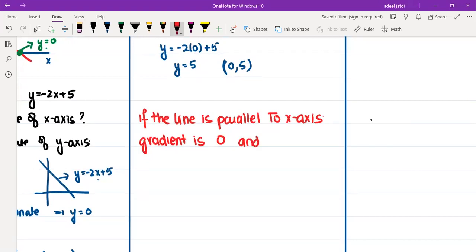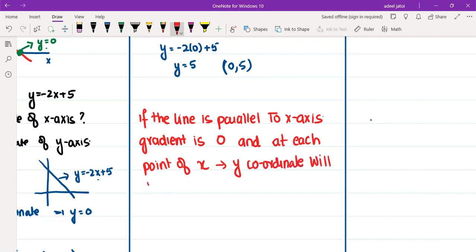And at each point of x, the y coordinate will be the same. Now, this concept is important as well. How do we solve this concept? The question says, if the line is parallel to the x-axis, gradient is 0. And at each point of x, your y coordinate will be the same.